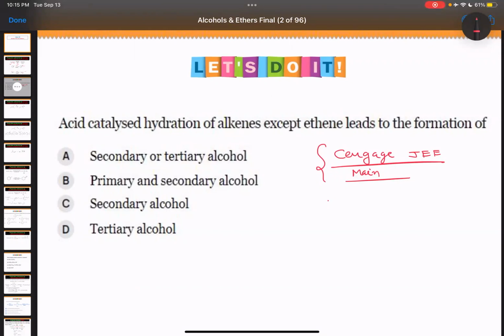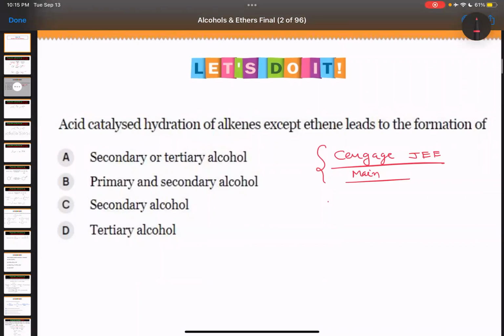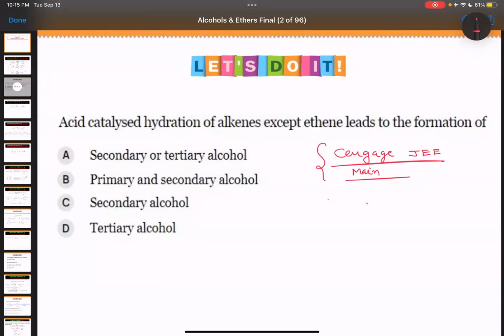In IIT the seats are very few, computer science only 100 seats. So even if you get a good rank in advanced, the chances of getting computer science are very difficult.